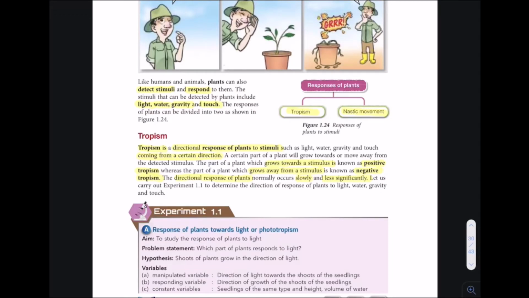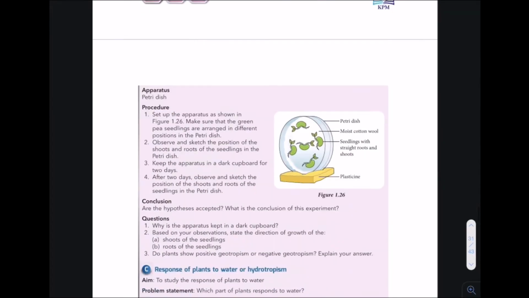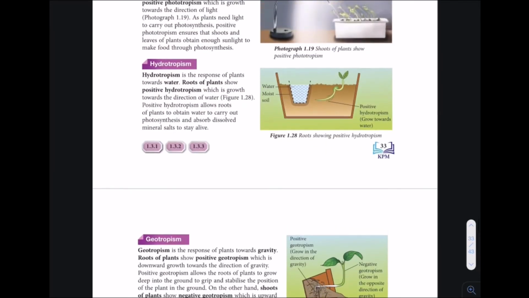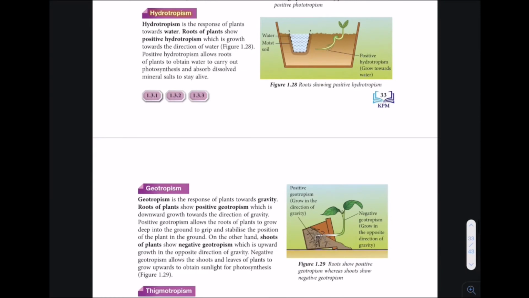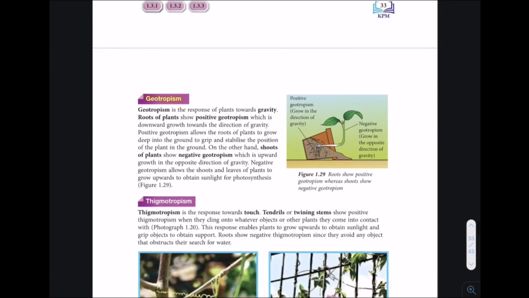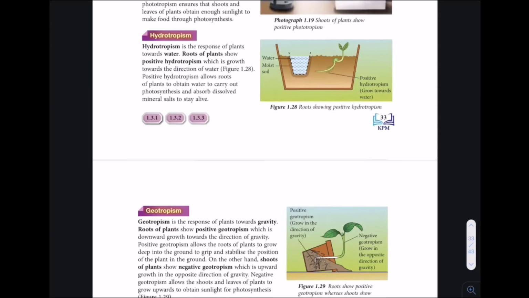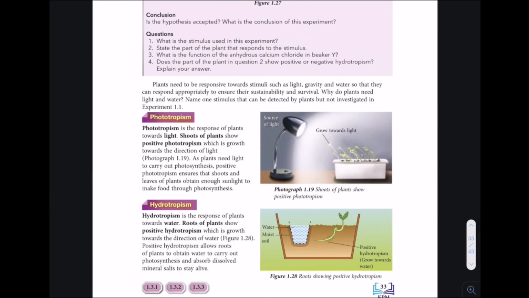Okay, so let me explain the four different types of tropism: phototropism, hydrotropism, geotropism, and tecmotropism. Let's start with phototropism. Phototropism is the response of plants towards light.